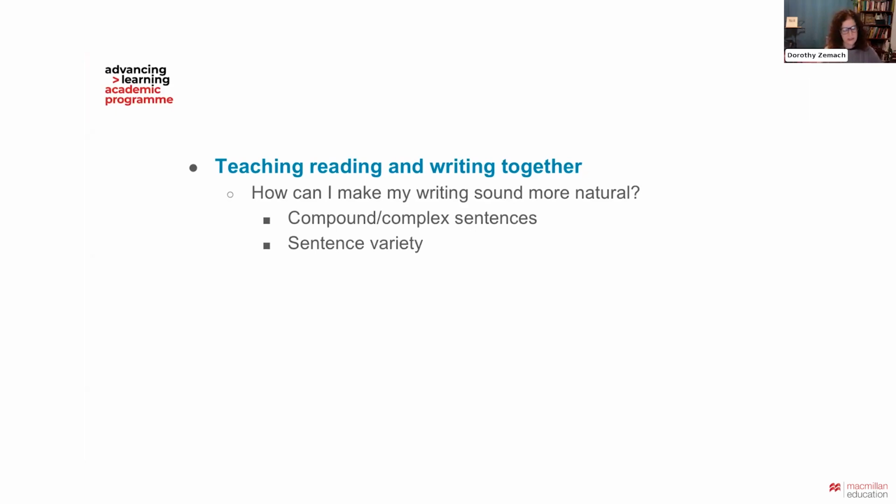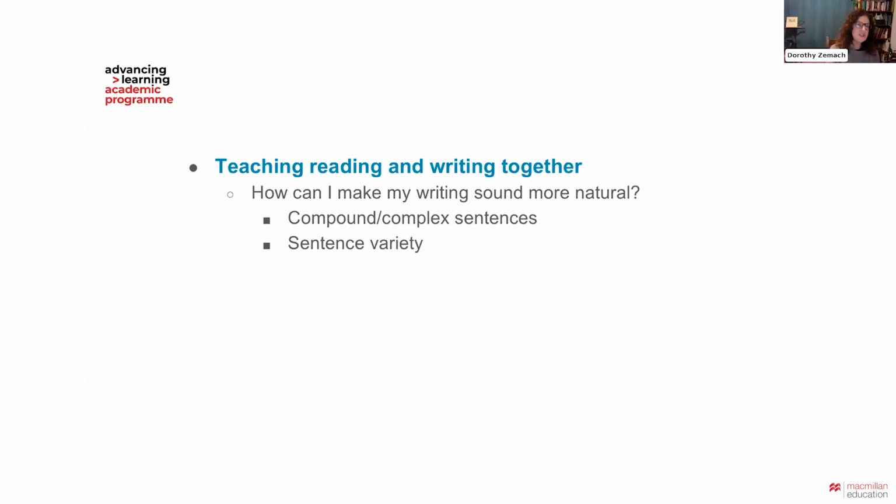A long sentence followed by a short sentence, right? A single clause followed by a sentence with a simple clause and a dependent clause. But you can't practice sentence variety in isolation, right? By definition, you need to practice it within a longer text.